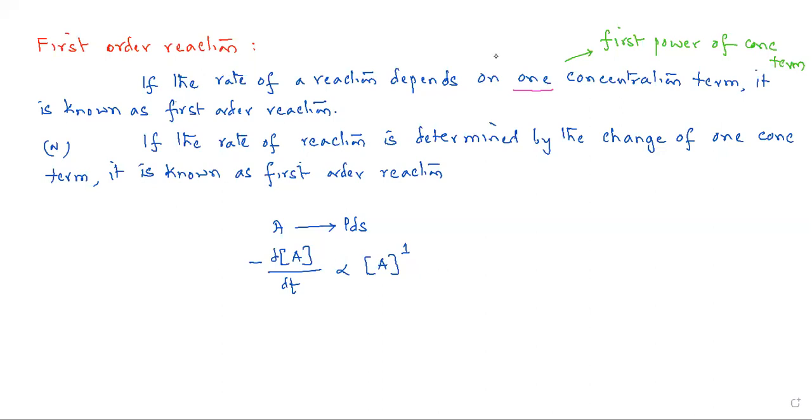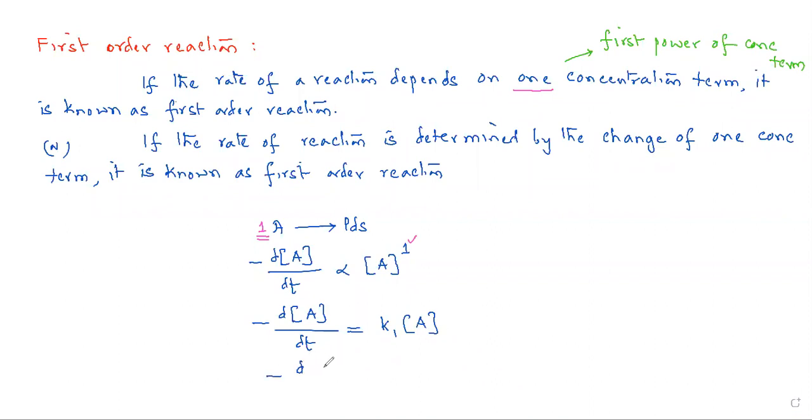But remember, it is not this one what we have written. This power is determined only after conducting experiments, I told you. Now, this can be written as minus dA by dt is equal to, say, K1 into A, right?